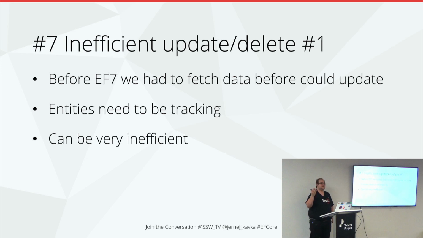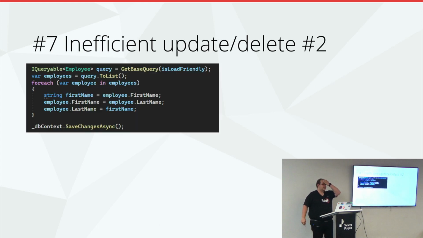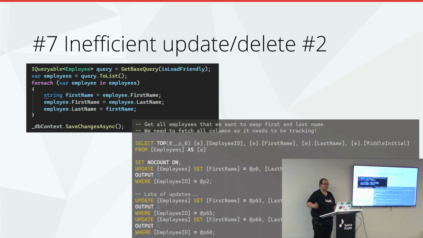And same thing is for deletion. So even though you have the ID of the entity that you want to delete, you kind of need to get it from the database first, and then you have to delete it. Now, there's tricks of how to do it without getting the entity from the database, but we have now a feature that actually solves this problem.